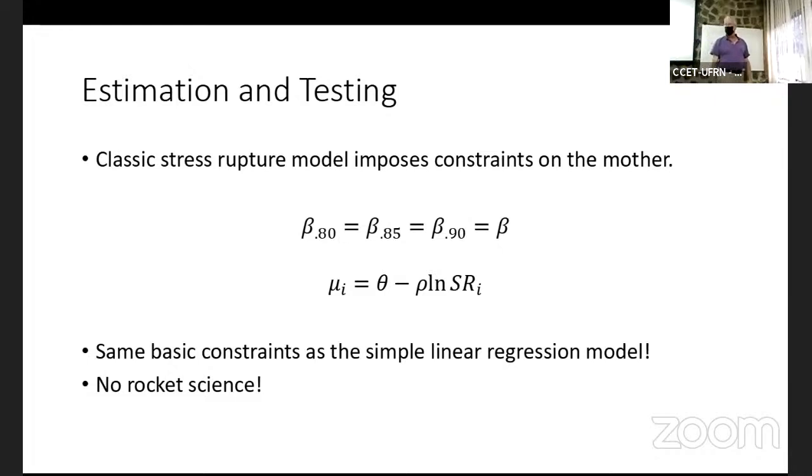Just like in ordinary least squares, we tend to assume a common variance. We're seeing the analogies. It's a little more complex, but the analogies hold. That's important for insight. There's nothing more than the same basic constraints for simple linear regression.